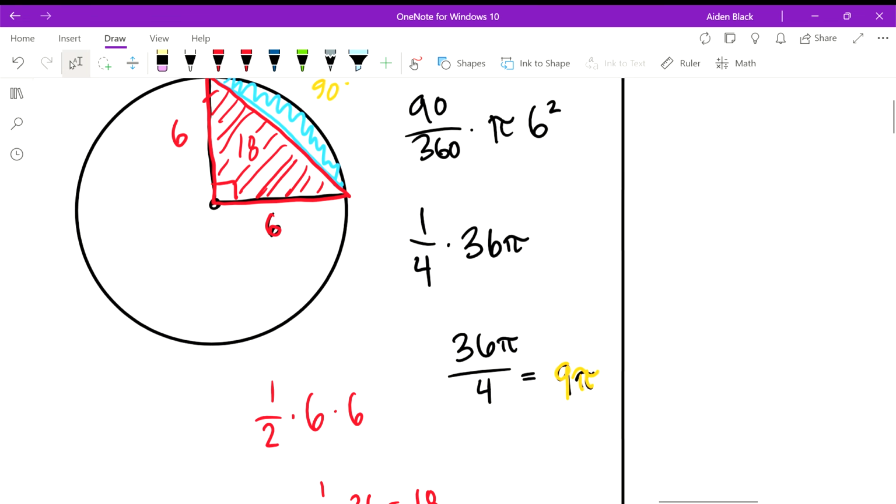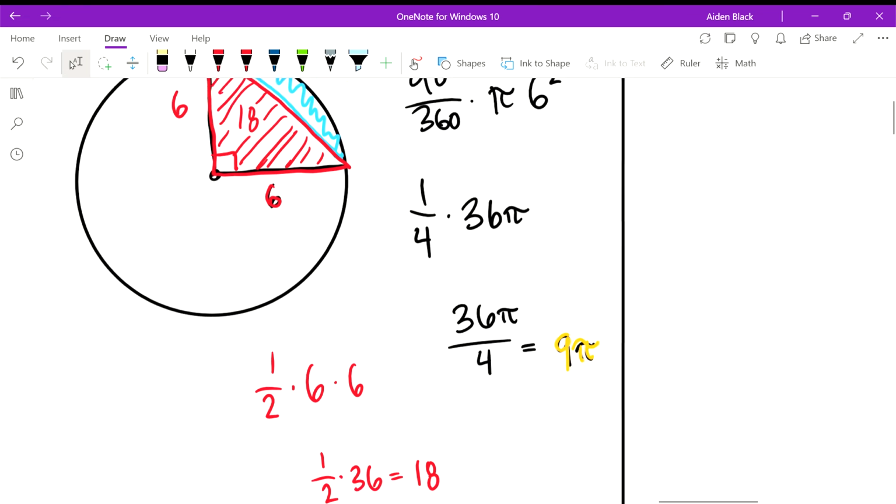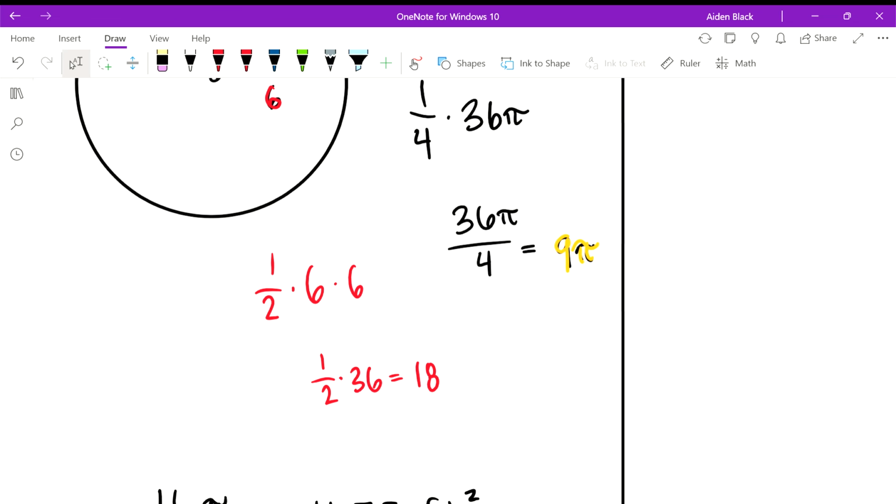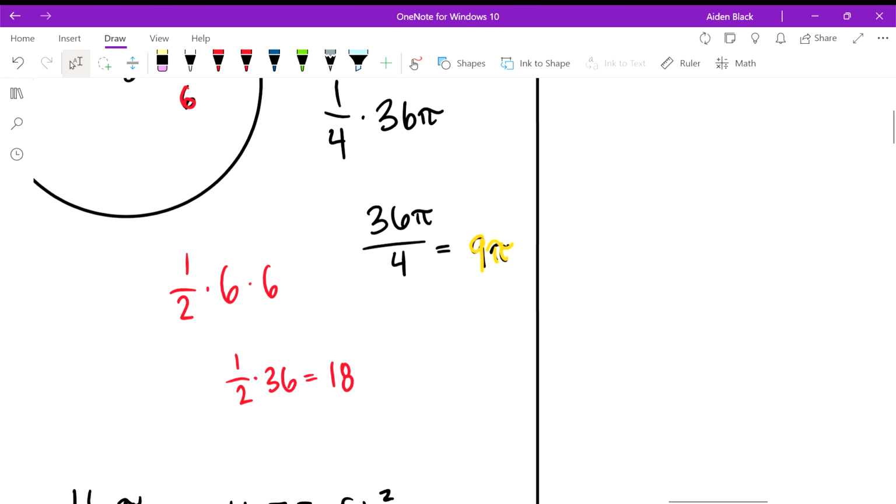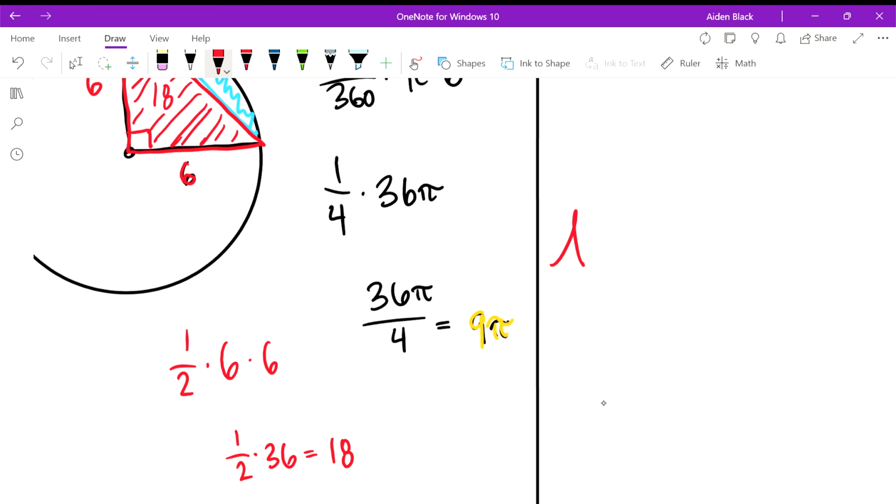which means that little segment, the blue area, is, I'll write that in blue. There we go.